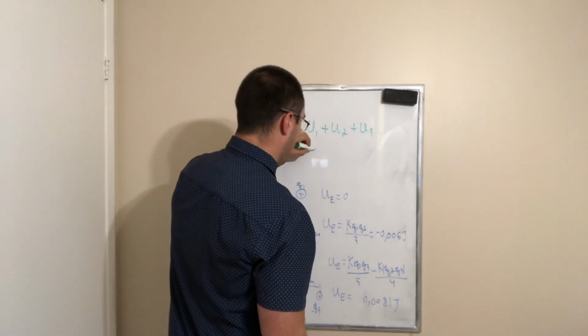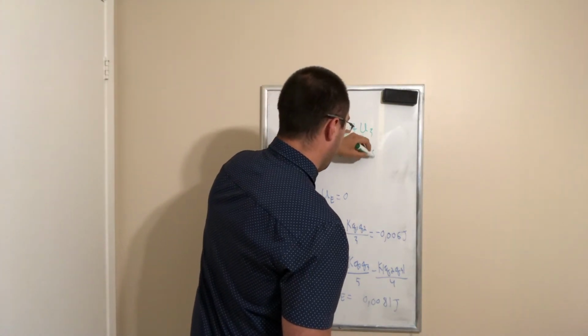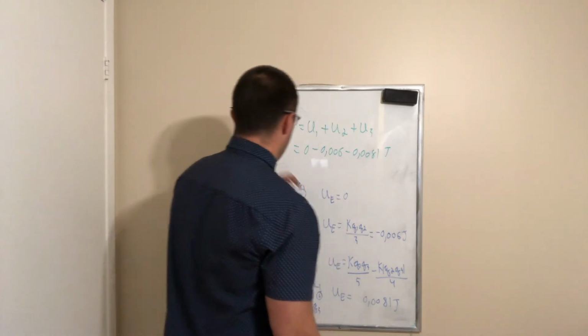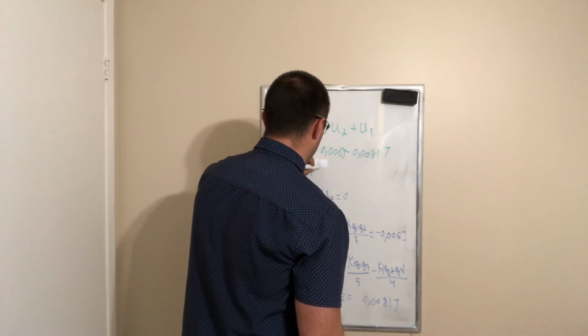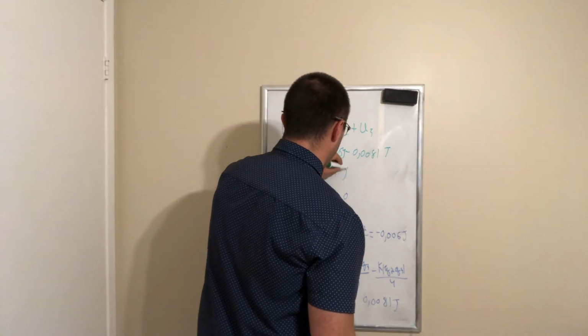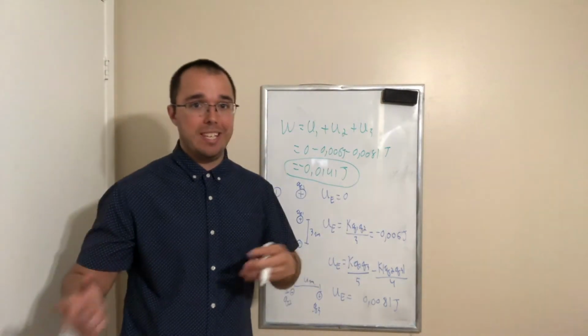And we have 0 minus 0.006 joule minus 0.0081 joule over here, and we get minus 0.0141 joule. That's the total amount of energy needed to assemble these three charges.